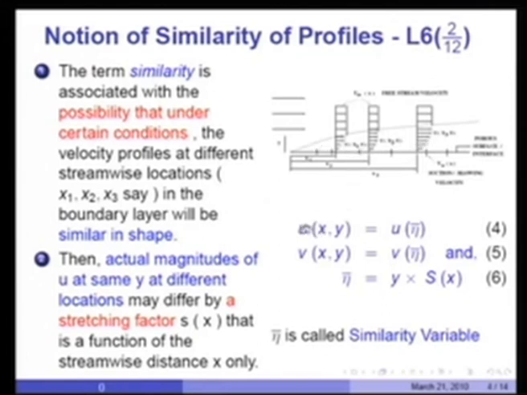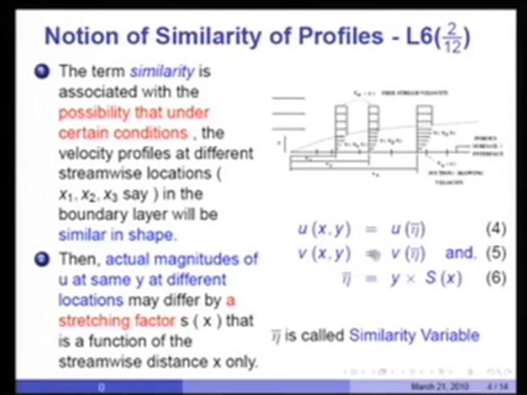Basically, then what we are saying is u, which was a function of x and y, can now be written as u as a function of eta bar, which is a new variable. It is called the similarity variable. v, which was a function of x and y, is a function of eta bar, and eta bar is equal to y, the transverse distance, multiplied by some function of x.